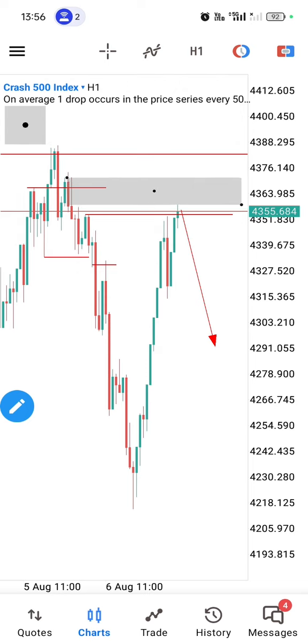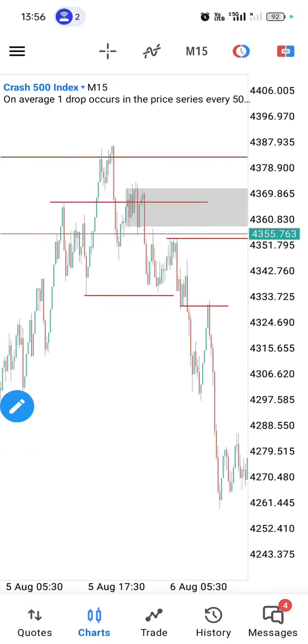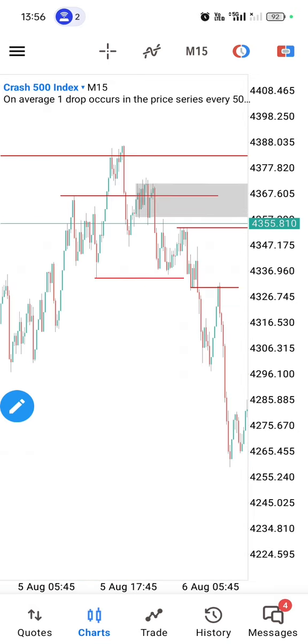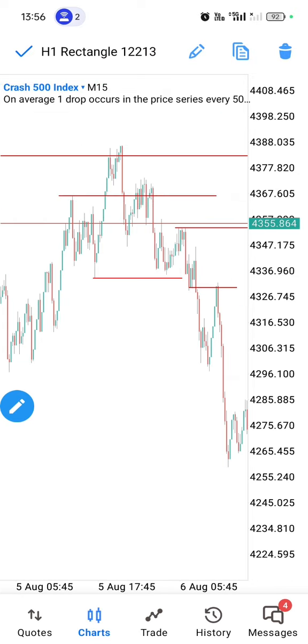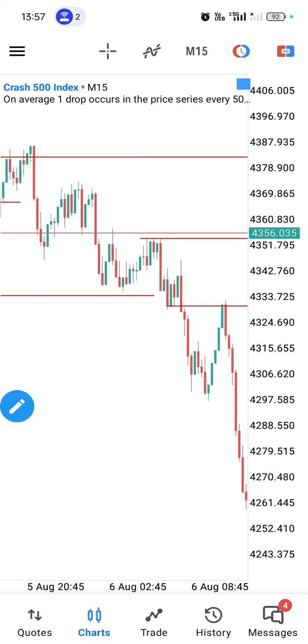Now, that 4-hour order block is in line with the 1 hour order block, or the 1 hour order block is inside the 4 hour OB. I can't show it nicely on the phone, but I'll try my best. If we zoom into the 15 minute, you can see there's a small fair value gap right there, or inefficiency.